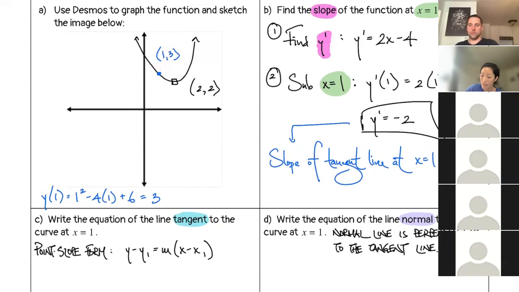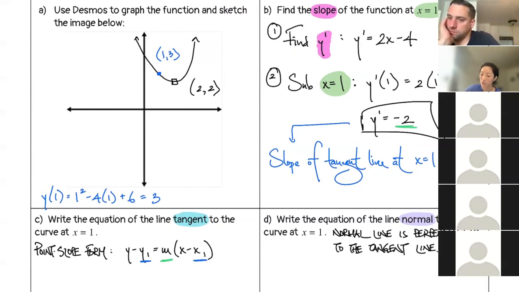So we're going to take that point, plug it in for x1, y1, and then take the slope that we found and plug that in for m.